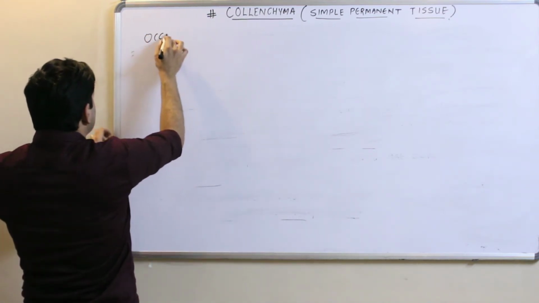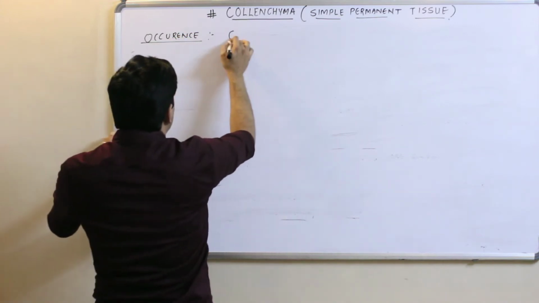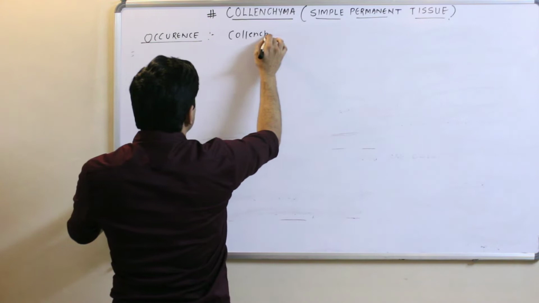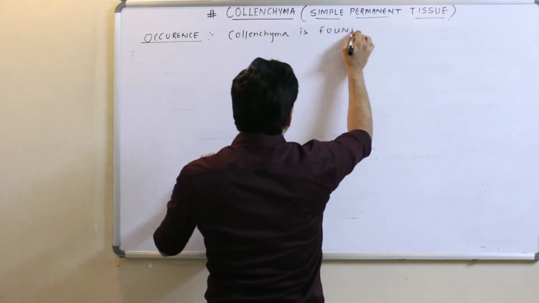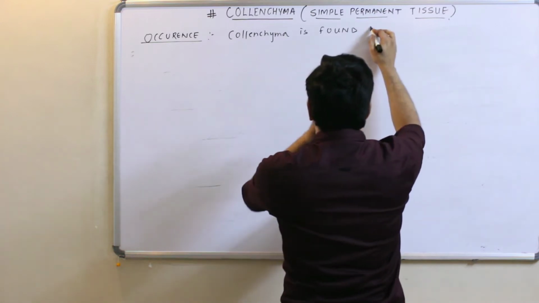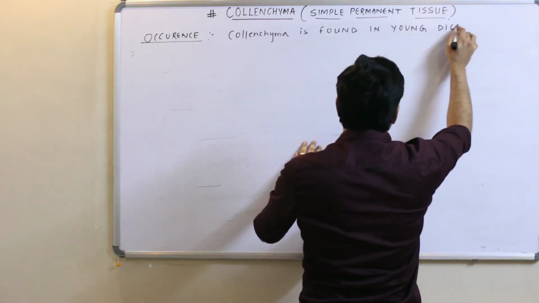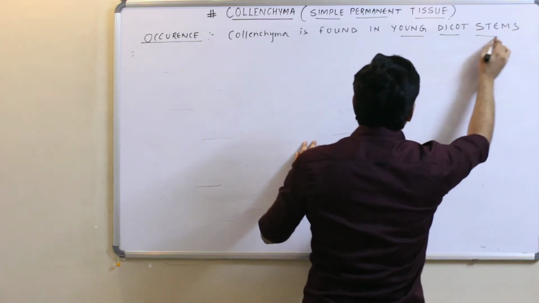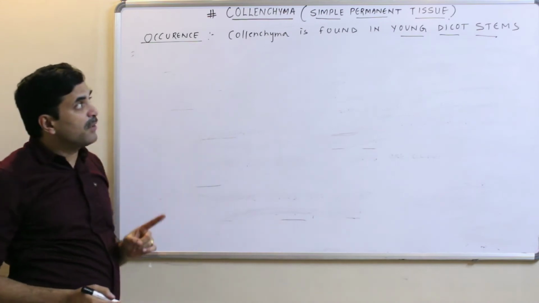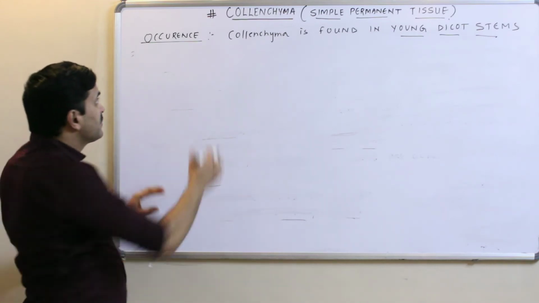Occurrence: Collenchyma is found in young dicot stems. Again I am saying, collenchyma is found in a young dicot stem.